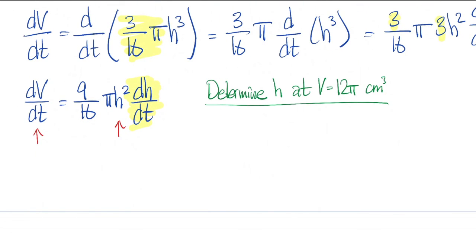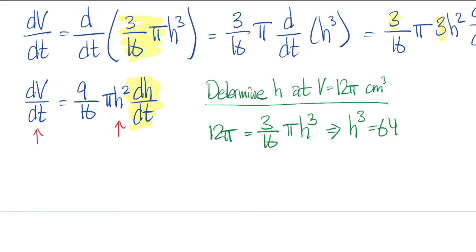So we can express this as the volume, 12 pi, equals 3 over 16 pi times h cubed, and then we solve it for h. So this is going to give us h cubed equals 64, which means h equals 4. And the unit there will be centimeters.